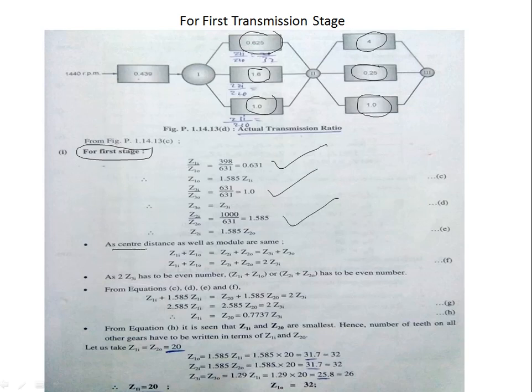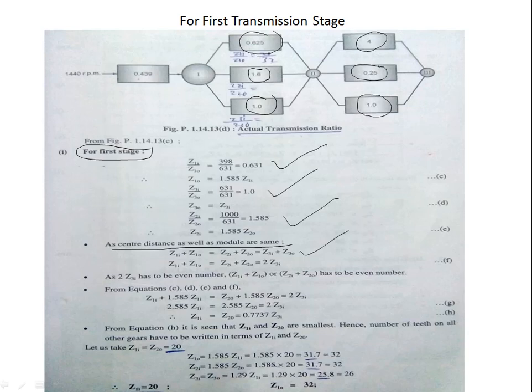As I told you, the center distance is the same and the module is the same. So we can write the summation of all the gear pairs: Z1 input plus Z1 output is equal to Z2 input plus Z2 output is equal to Z3 input plus Z3 output. The summation of all the gear pairs will be the same when the center distance and the module are the same.